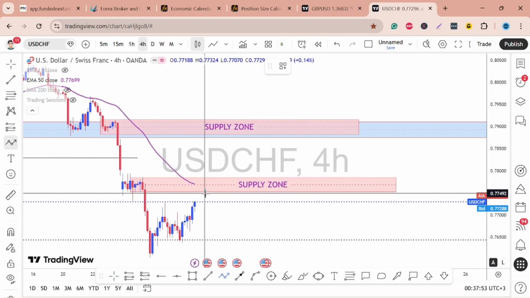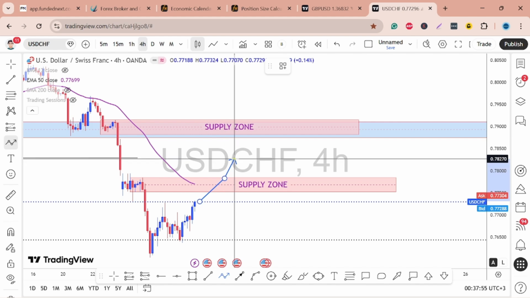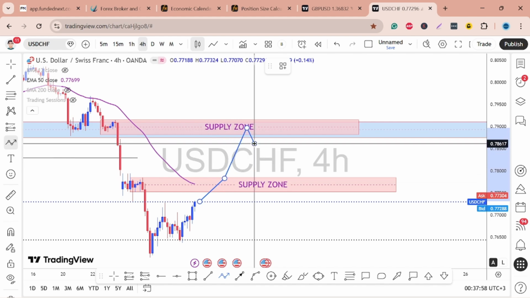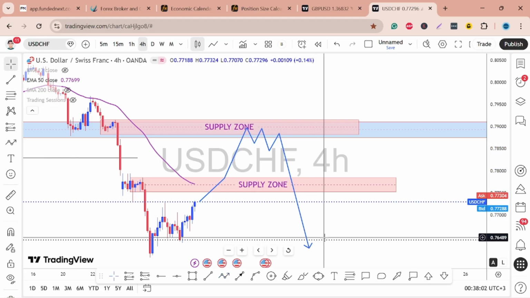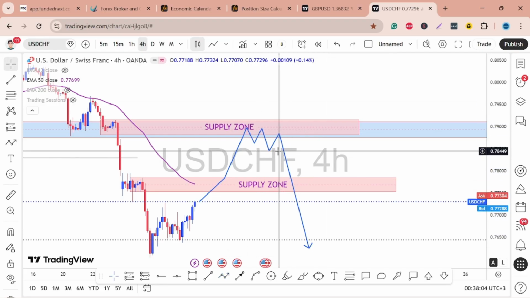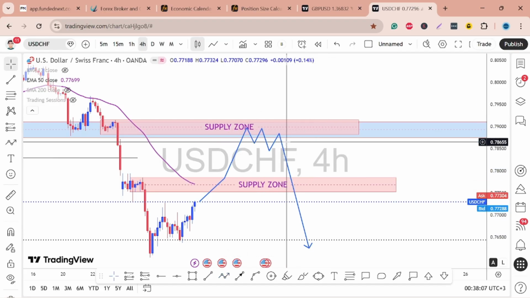So you would be looking for a retracement into this zone. Look for price turning inside out, then you'll be looking to take your shots from that particular point.